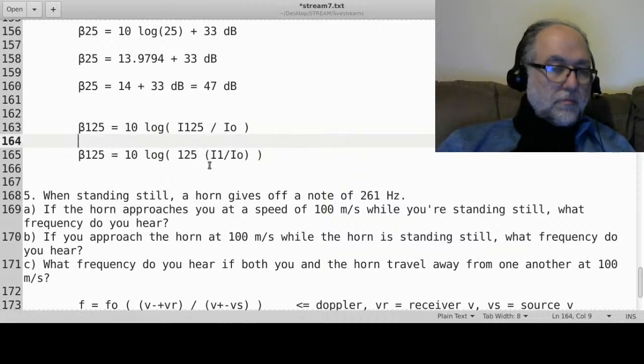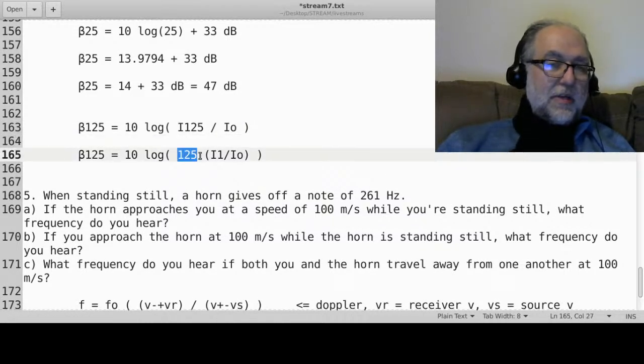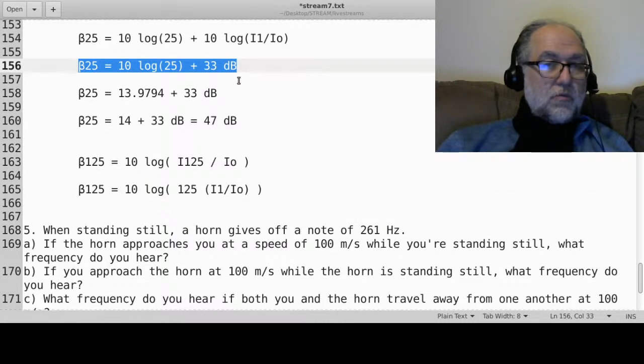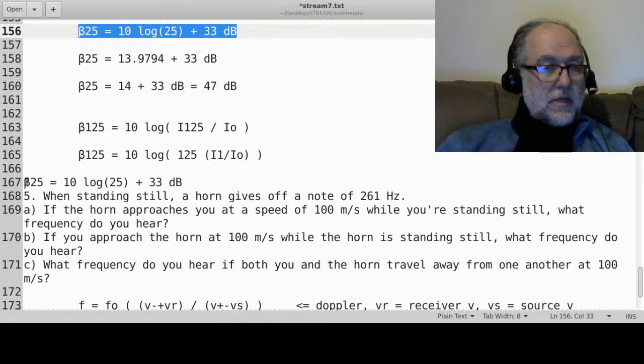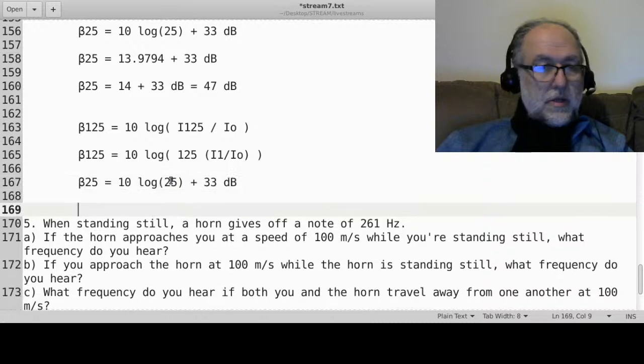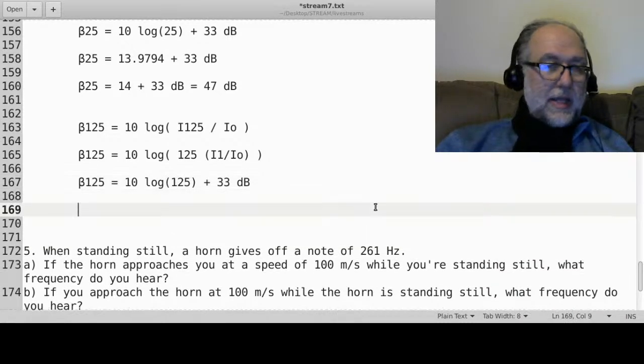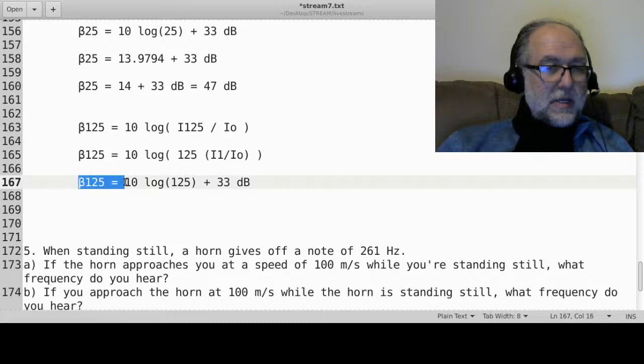So the intensity of 125 alarms is 125 times the intensity of 1 alarm. Okay, and that's just going to reduce down to this. Okay, 125, 125, and that's going to equal this.